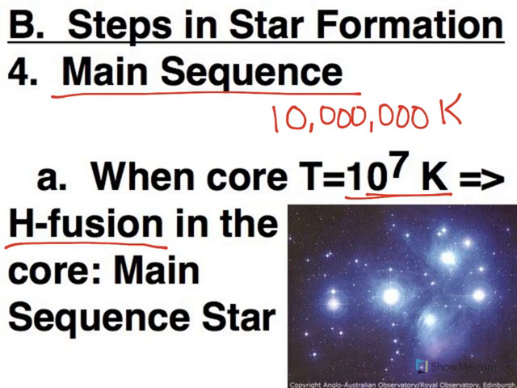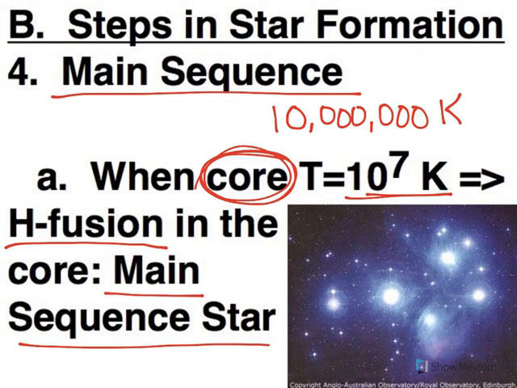And that's only in the core. So we're talking about the very center of our protostar is now hot enough for hydrogen fusion. This is the transition to officially become a main sequence star. So now it's going to be a star like our sun. It's going to shine from this fusion process.